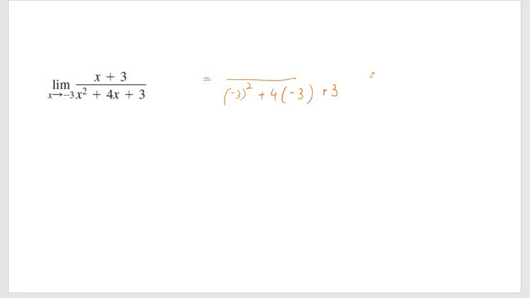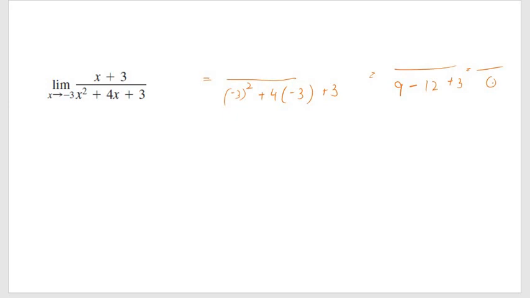So we have minus 3 times minus 3 is equal to 9, minus because 4 times minus 3 is minus 12, plus 3. So the denominator is equal to 0. So the function is not defined at x equals minus 3. But we are looking at finding the limit as x tends to minus 3.